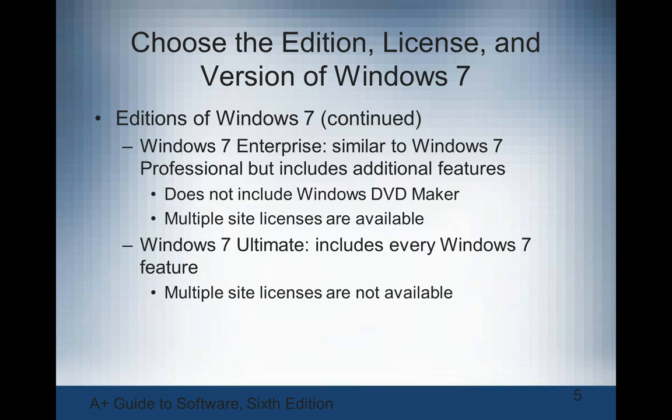most of the stuff just gets installed here, and I have a TechNet that I use at home to do that. Multiple site licenses that aren't available in the Ultimate, they are here. What we do on the licensing, and one of the things that you won't do, is register it with Microsoft, because these things are good for 30 days, and we're not going to use them for that long.